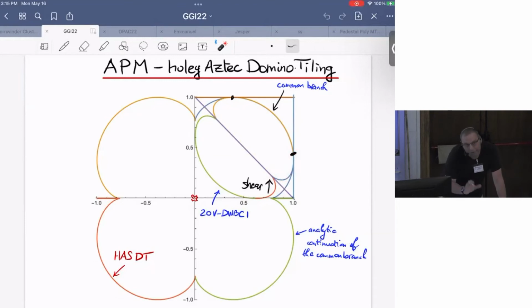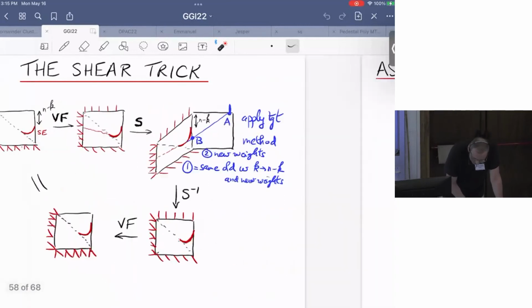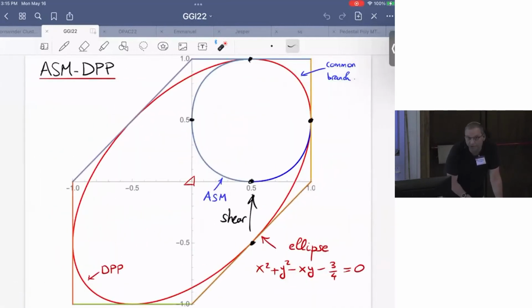In the uniform case, there's a sort of shear phenomenon which allows you to get Arctic curves for these interacting fermions as shears applied to algebraic Arctic curves. They're non-algebraic, but they're piecewise algebraic, and somehow each piece is a shear of the same analytic continuation. And the same thing actually happens for alternating sign matrices and descending plane partitions.